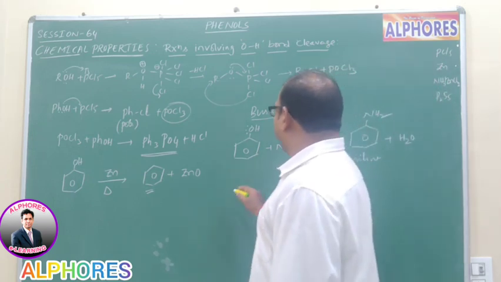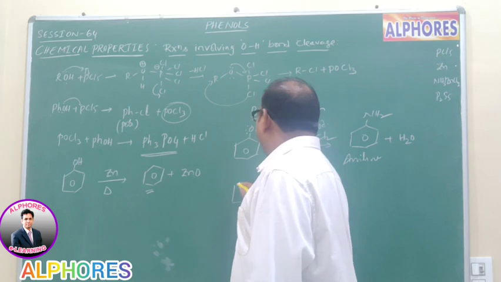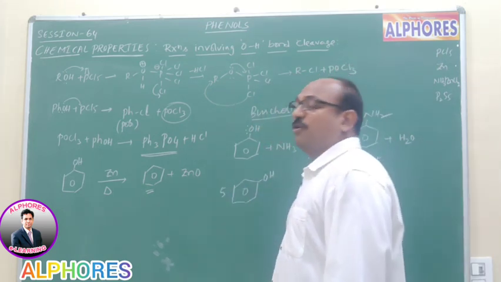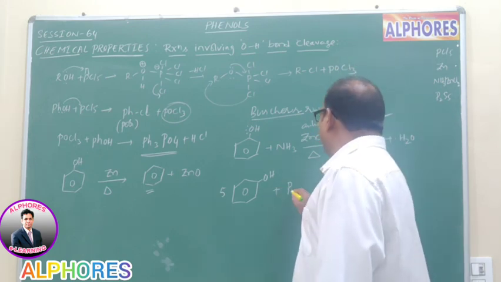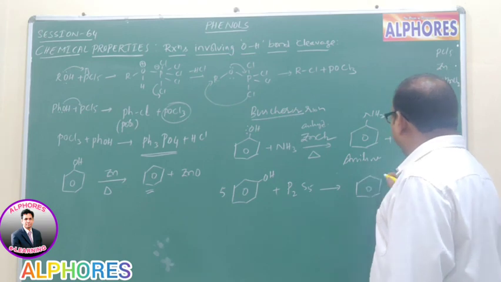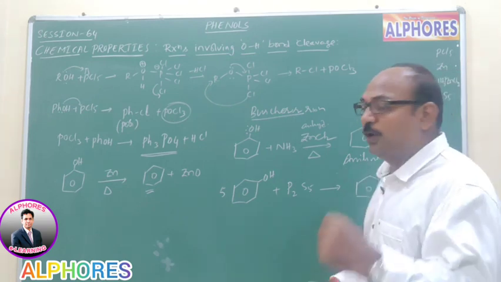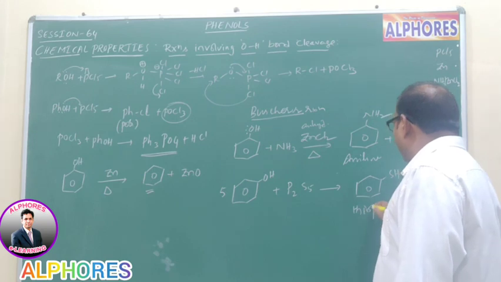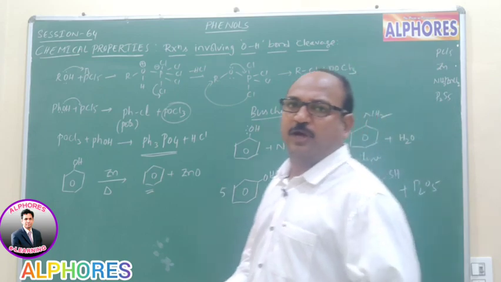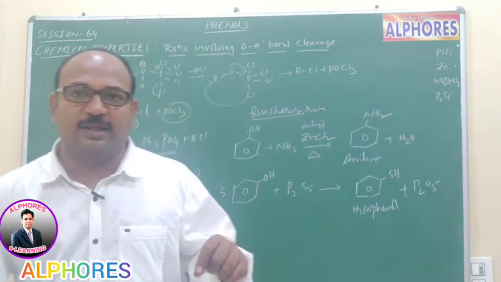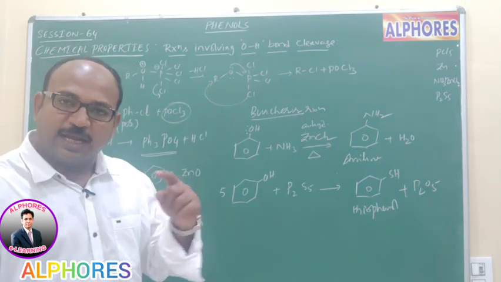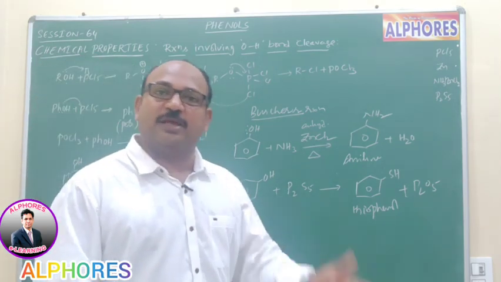Now one more reaction, with P2S5, phosphorus pentasulfide. Five moles of phenol upon reaction with P2S5 give P2O5 and thiophenol. So in all these reactions, the one which we learned is not possible, that is highly difficult, such reactions are possible, meaning replacement of OH with some other nucleophile.